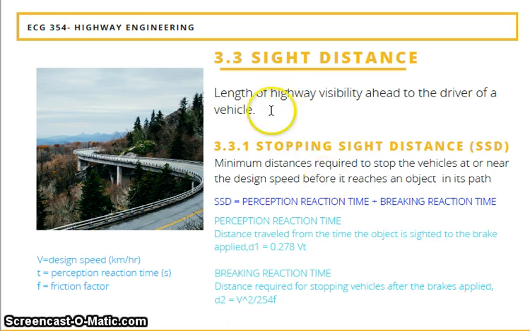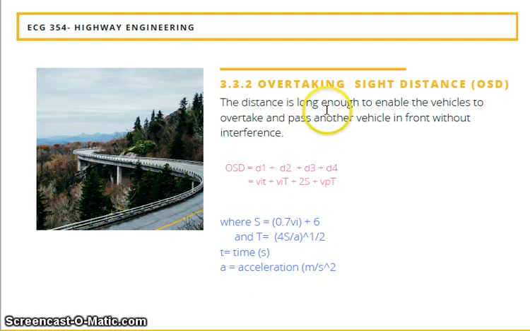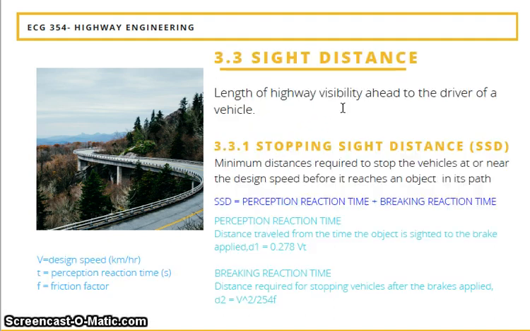Sight distance is the length of highway visible ahead to the driver of a vehicle. Sight distance can be divided into two types, which are stopping sight distance and overtaking sight distance. Stopping sight distance, in short SSD, is the minimum distance required to stop a vehicle at or near the design speed before it reaches an object in its path.